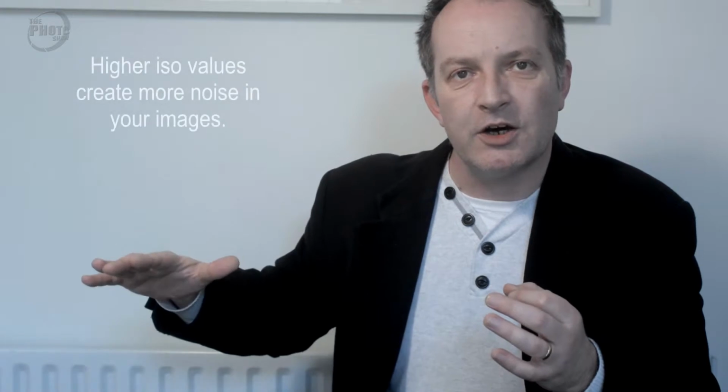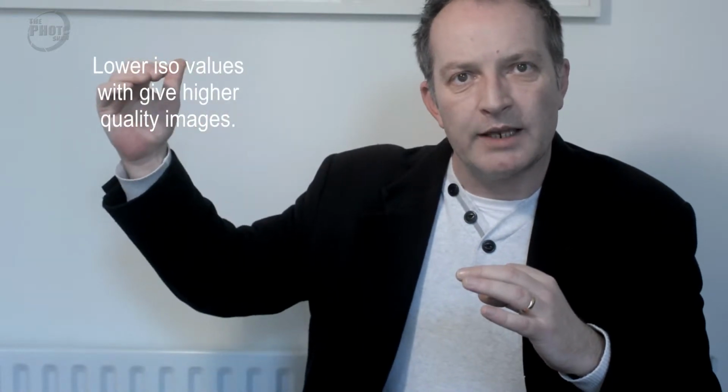If you're in lower light, you'll increase the ISO, up as high as you like, to record the image on your sensor. The one downside of this is, the higher the ISO, the more noise you'll get into your image. So the better quality images will be at the lower ISO end. So the general rule of thumb is to try and keep the ISO as low as possible.